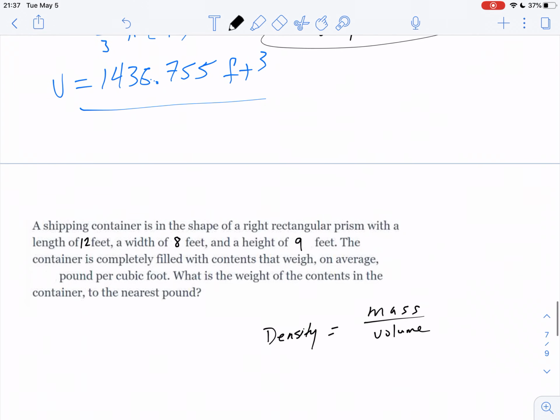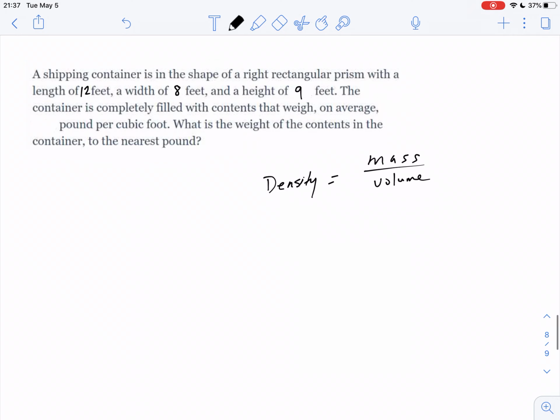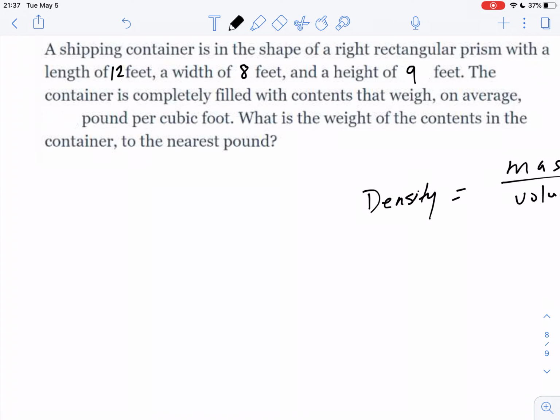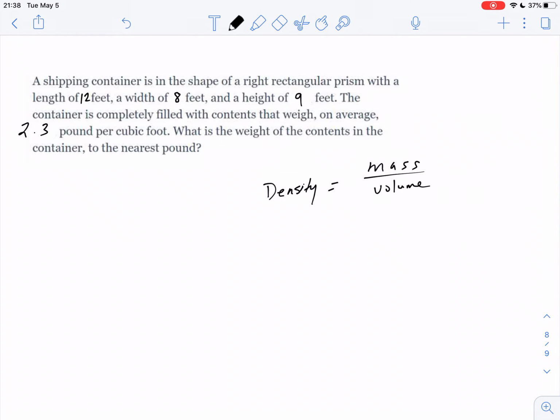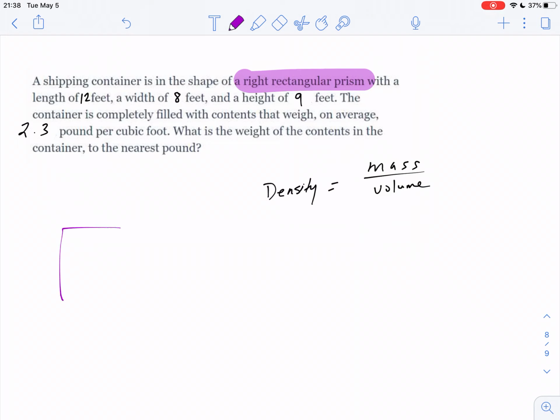Okay, moving on to a different kind of problem. I've forgotten a number here in my modification of this problem. Let's call this 2.3. Okay, sorry about that. A shipping container in the shape of a right rectangular prism. Let's pause right there, draw a little thing here. Right rectangular prism. Basically a fancy name for a box.